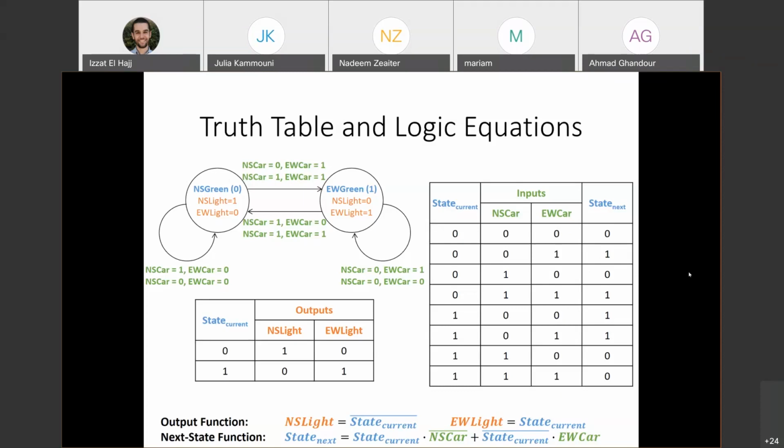Usually you can convert a finite state machine where the output depends on the input to a finite state machine where the output does not depend on the input. There's usually a conversion that you can make, and you will go into the details of finite state machines, the theory behind them and how to optimize them, in another course, which is CMPS 257.